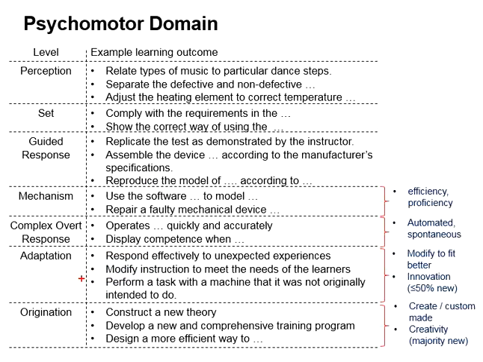Another one, perform a task with a machine that is not originally intended to. By looking at this example, you know that there is a machine, and initially this machine is not intended to produce a certain thing, which is the task here.